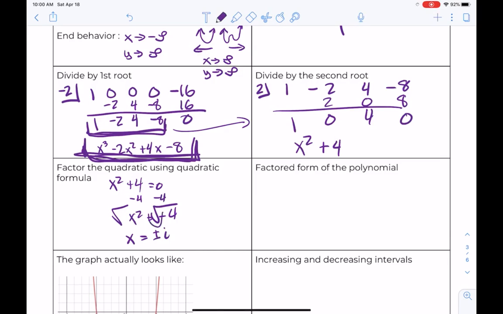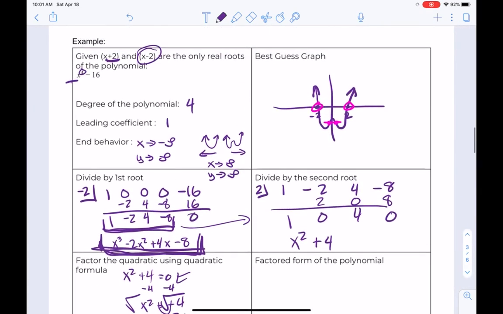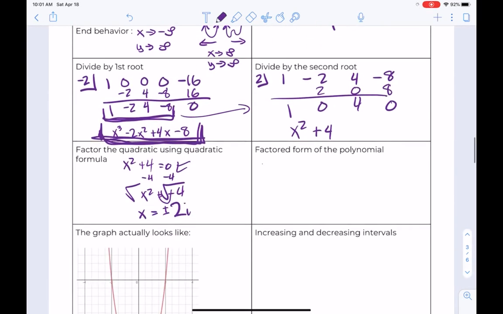So it's actually plus or minus 2i would be your x values there. You could use the quadratic equation and get the same thing, but in this case, it's way easier just to do it this way. Okay, so now our original factors were x plus 2 and x minus 2. So those are my first 2 factors.